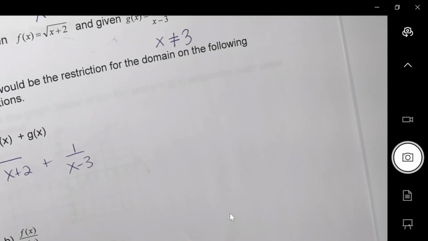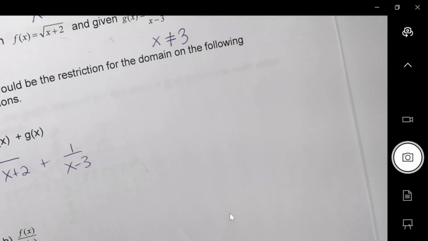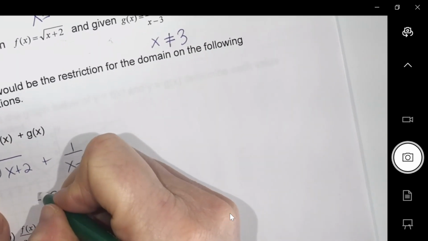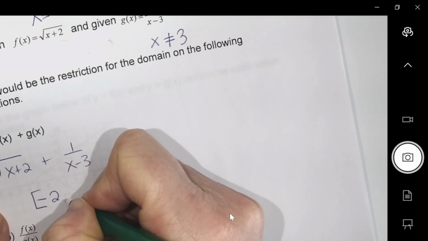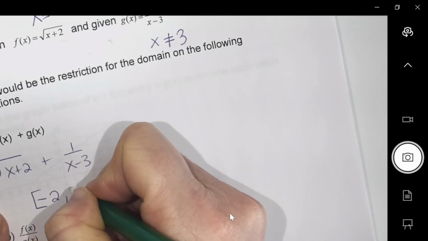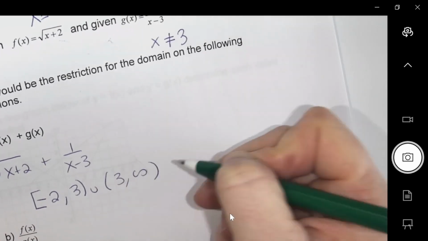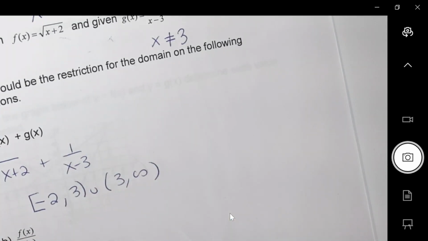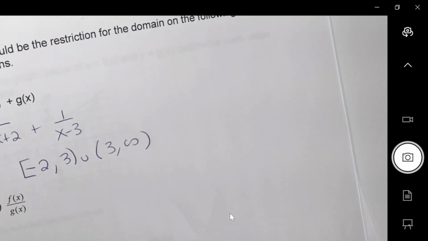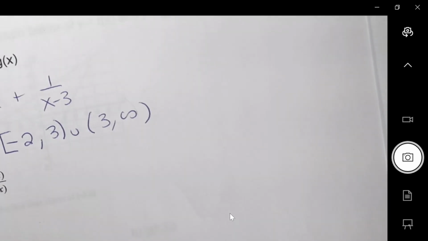So do you want to write it as an interval? I could go from -2 up to 3, but I have to skip over 3. I have to be above -2. Does that make sense?